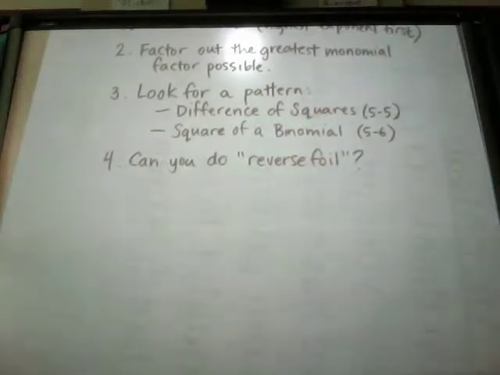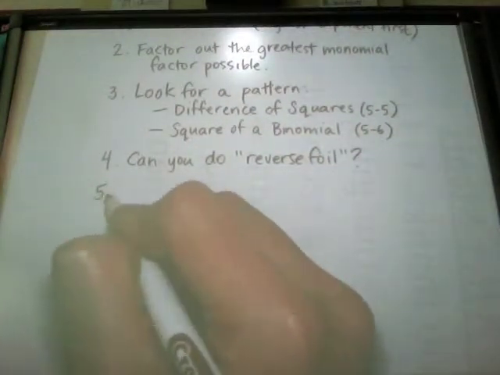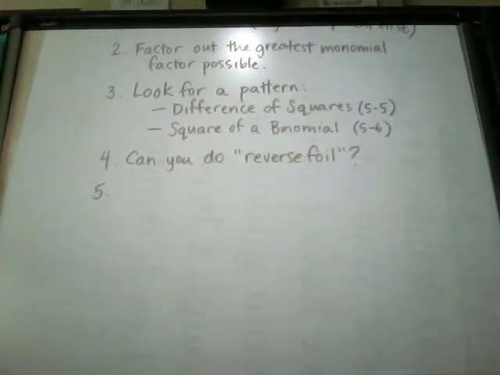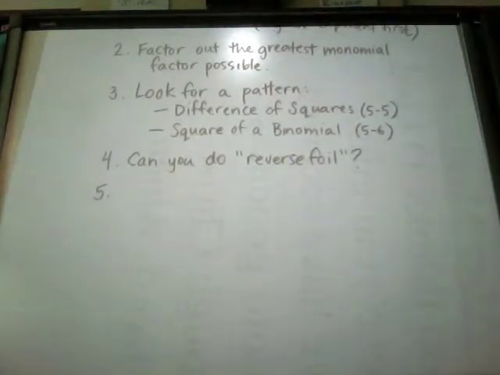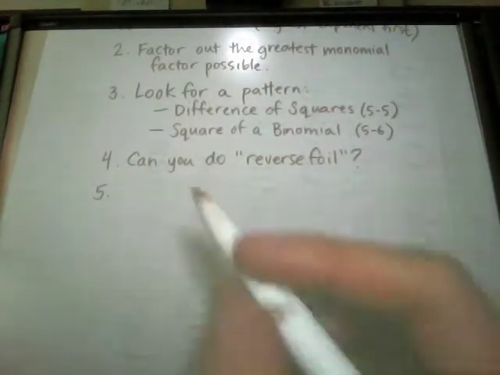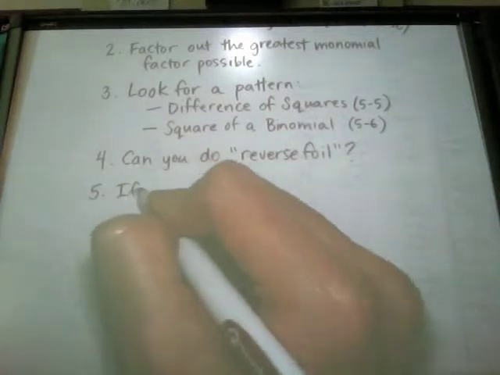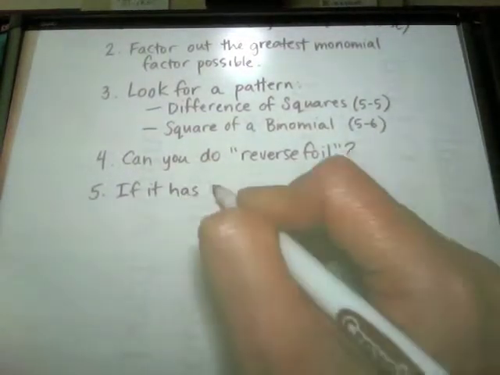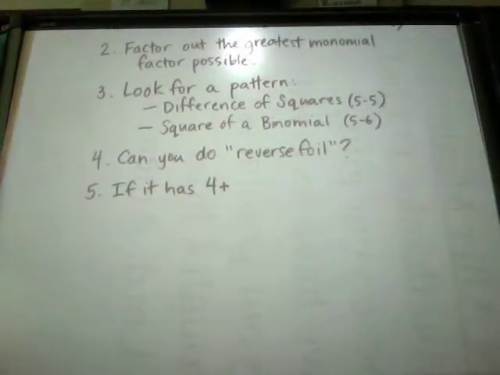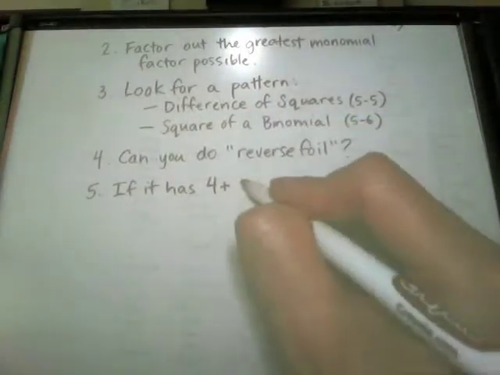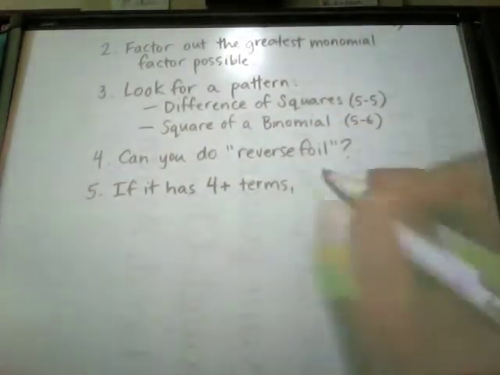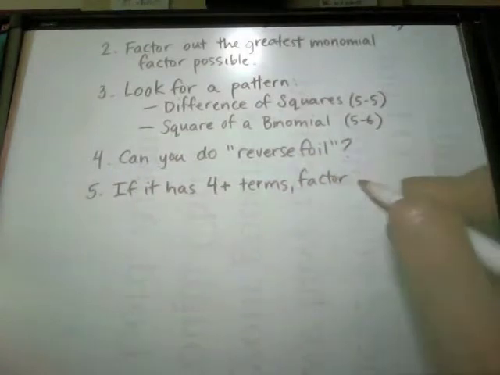So again, I'm kind of changing a little bit of the wording. This is in your book as a list of steps. Some of mine are slightly different, but you should get to the same point. Okay? If it has 4 or more terms, factor by grouping.